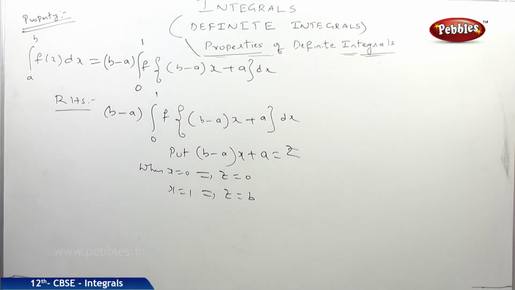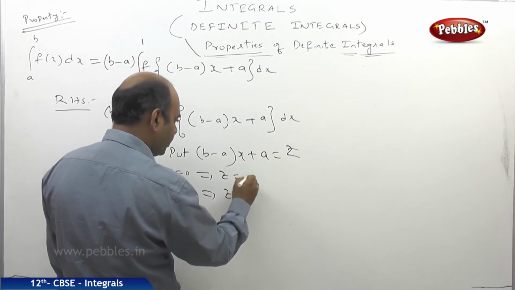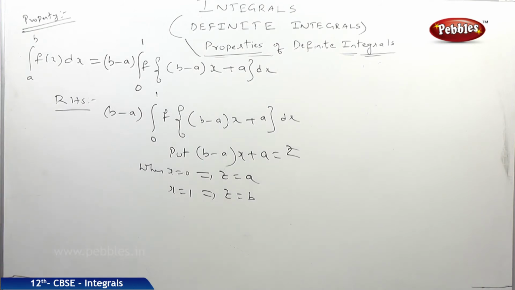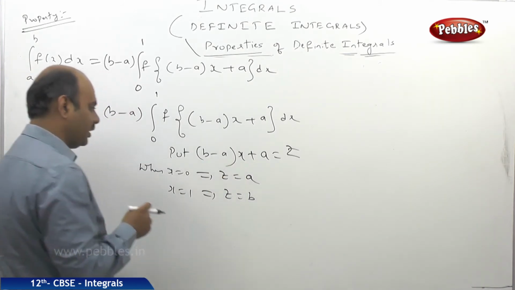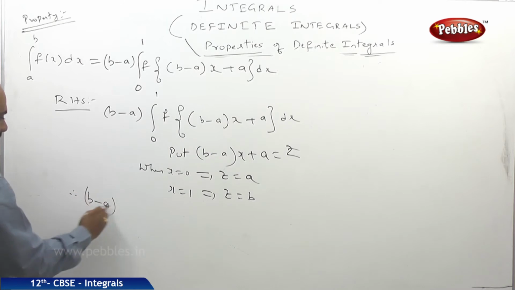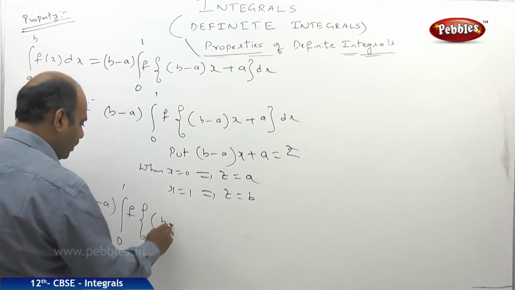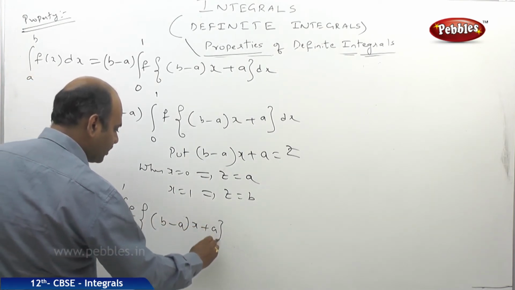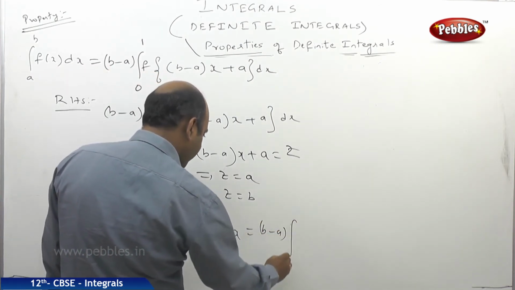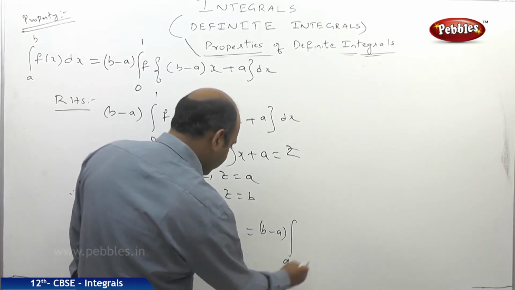Observe carefully, beta everyone. When I put x is equal to 0, I'll be getting z is equal to a, because b minus a into 0 will be equal to 0 only. So I'll be getting z is equal to a. When I put x is equal to 1, I'll be getting z is equal to b. Therefore, what happens? b minus a integral of 0 to 1 f of b minus a into x plus a dx is equal to b minus a integral of, in place of x, substitute 0, we'll be getting z value as a.